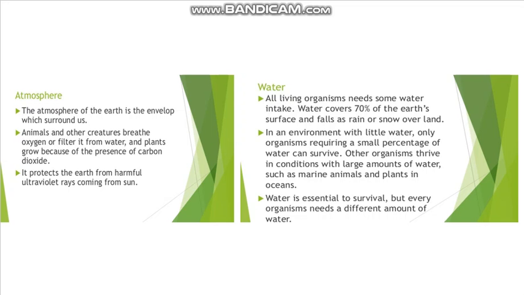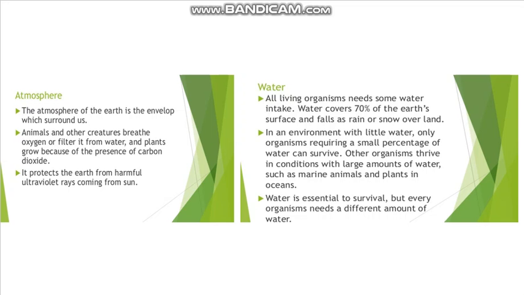In an environment with little water, only organisms requiring a small amount of water can survive. Other organisms thrive in conditions with large amounts of water, such as marine animals and plants in oceans. We know different animals and plants need different amounts of water.